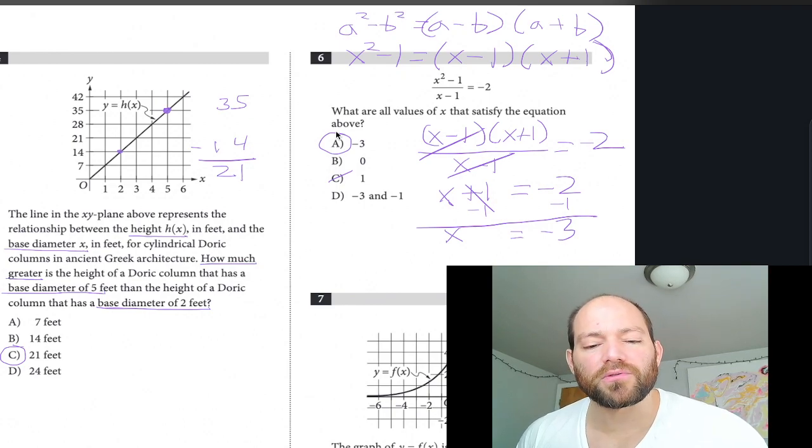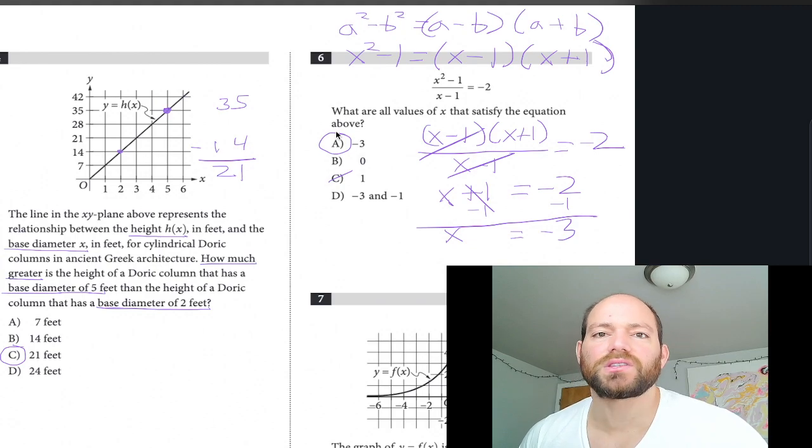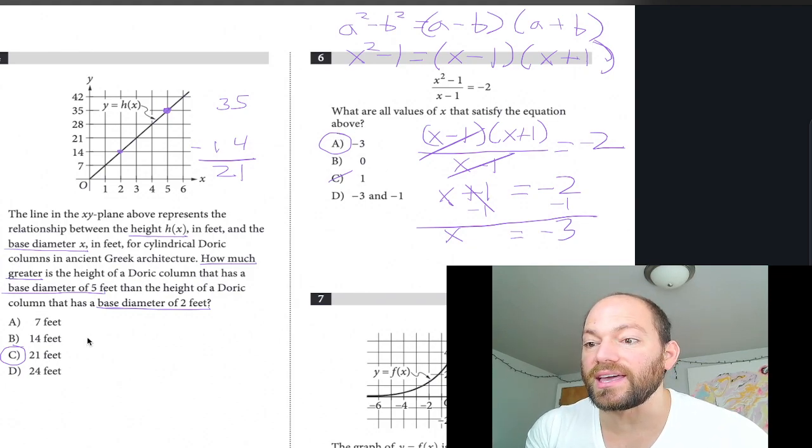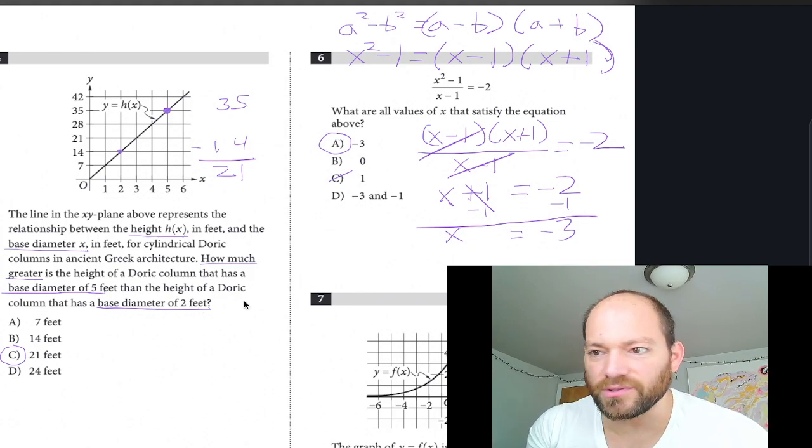So it really is important for you to be aware of where you are in the section. If we're on number 6, we're still in the first half of the multiple choice. So we're not really that worried about things being super sneaky yet. But we're getting close to the second half.